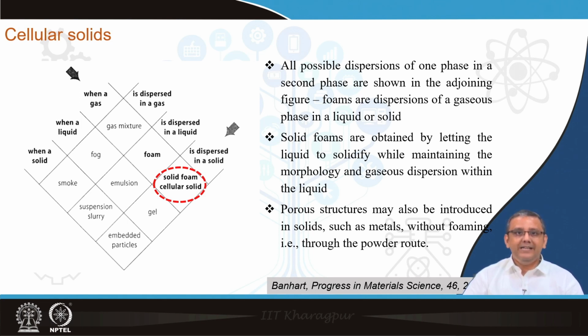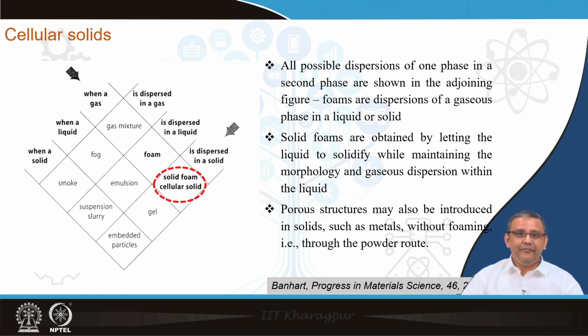A foam is ideally defined when a gas is dispersed in a liquid or in a solid, and if the liquid of this gas-dispersed liquid is solidified while maintaining the gas phase within the material volume, we obtain a solid foam.